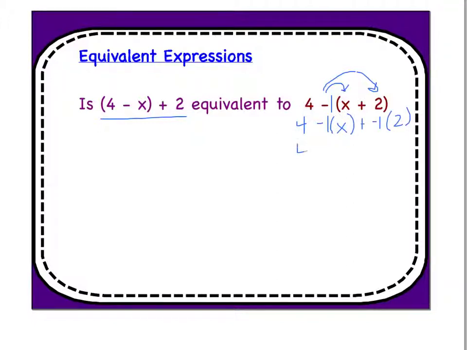So that would give us 4 minus x, or plus negative x, plus negative 2, which would be 2 plus negative x. This one, if we undid the parentheses, because we've already solved that, we would have 6 minus x, and these two do not give us the exact same solutions.